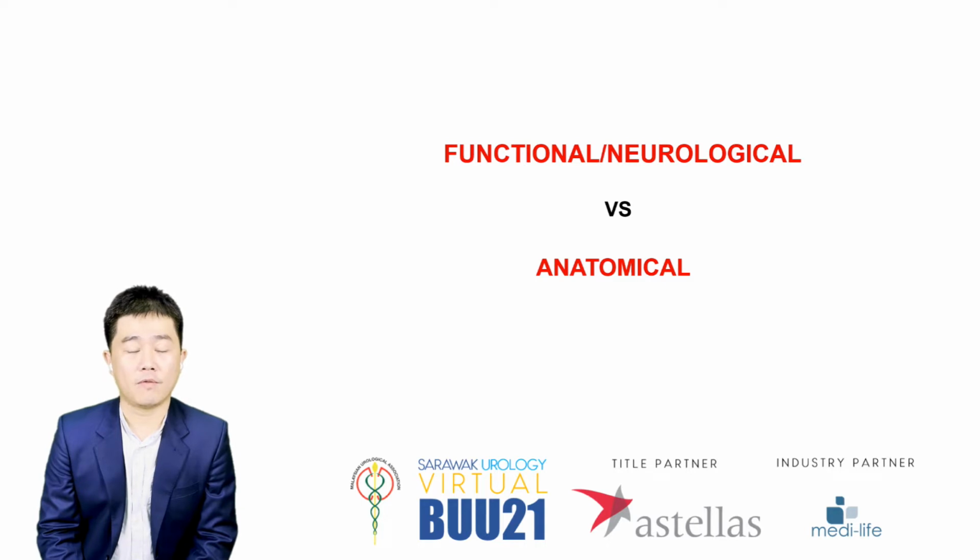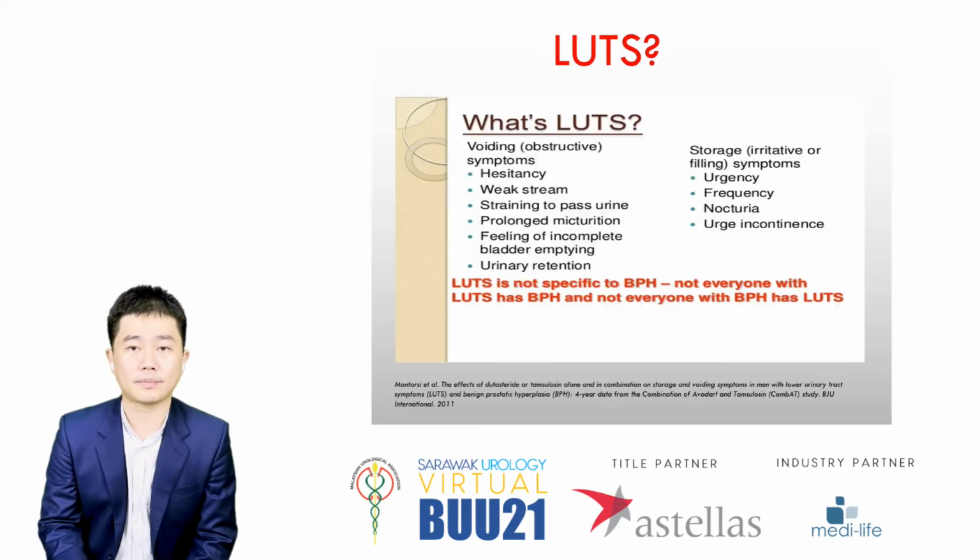Meanwhile, neurological or functional, as the term implies, is due to either any lesions in the neurological pathway, or it can be due to functional issues once all the neurological problems and anatomical problems have been excluded.